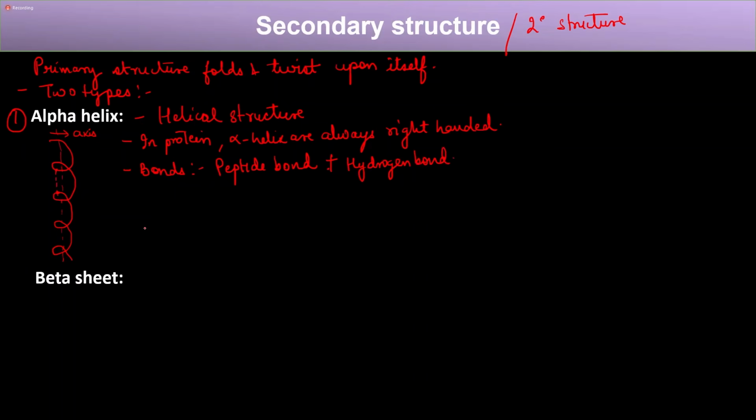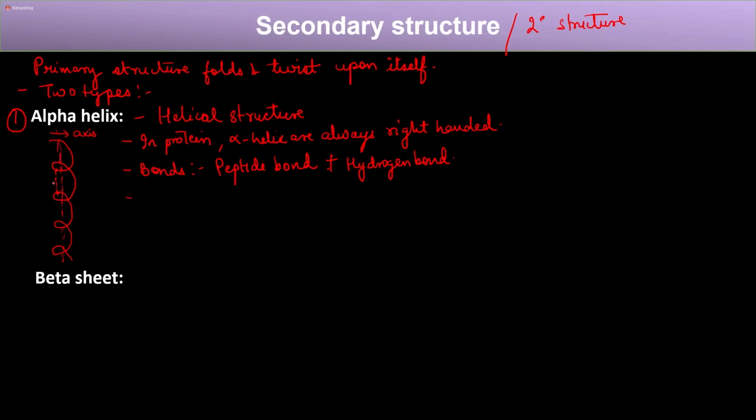Now, if you talk about the direction of the hydrogen bond, this is the hydrogen bond, and this is the axis of that alpha helix.